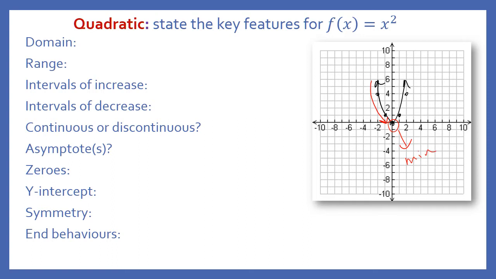It doesn't increase or decrease. It changes from a decrease to an increase. So my interval of decrease as I go left to right is negative infinity to 0, but with a circular bracket, does not include. Nothing's happening at that point. And then from that point onward, heading left to right, I'm increasing. From 0 to infinity, circular brackets.